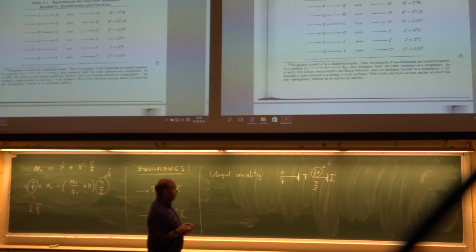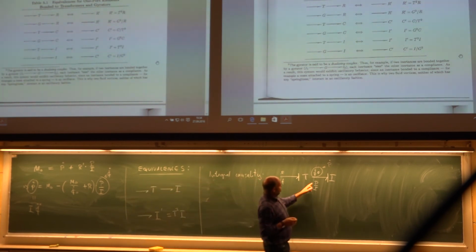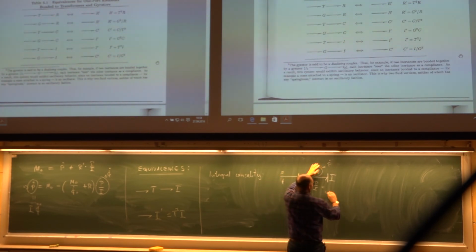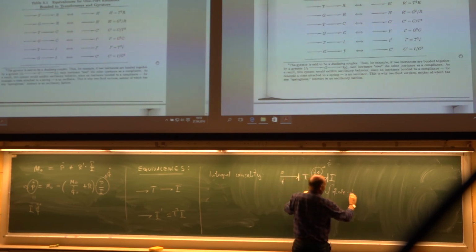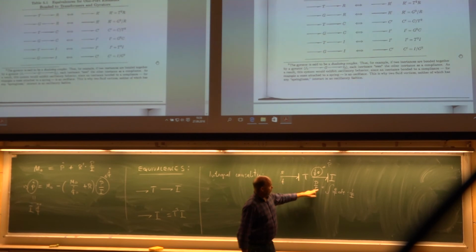What will it be, the P over I? Well, that will actually be the time integral of effort divided by T dt, and then divided by I. This is what you get here.